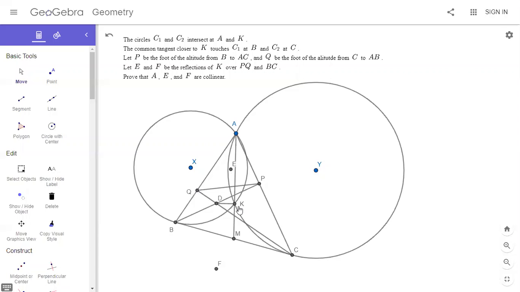I feel like it might be obvious. If you reflect K over PQ, then that new point is basically isogonal to K. So I know APQ is inversely similar to ABC, but I'm trying to see from there how it would follow.